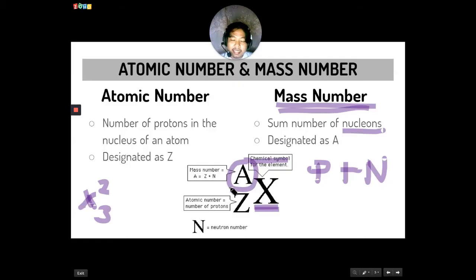So, the mass number is simply the protons plus neutrons. The number on the lower left part of the chemical symbol is designated as Z, or is represented by letter Z. What do we mean by letter Z? The letter Z is your atomic number.